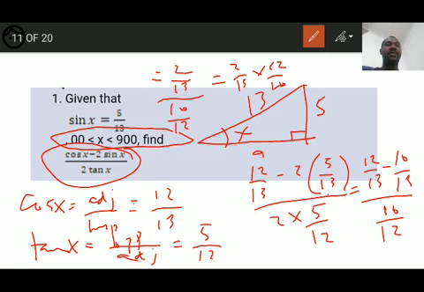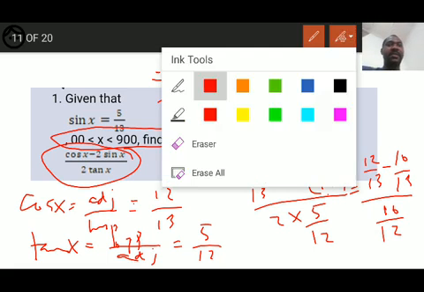Okay, this is good. So if we cancel out, 2 here will be 5, 2 here will be 6. I think 3 can also cancel out. So nothing can actually cancel out. So let's do that again.